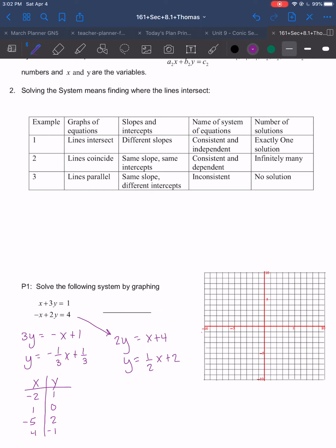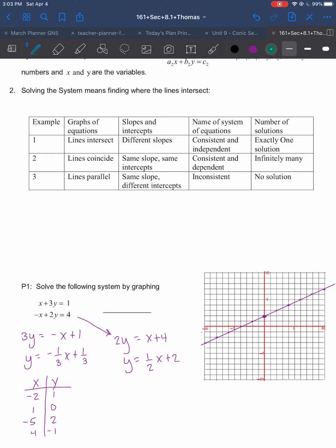So I'm going to graph that one without doing a table. There's my line, and then we'll do another line in green for this one.